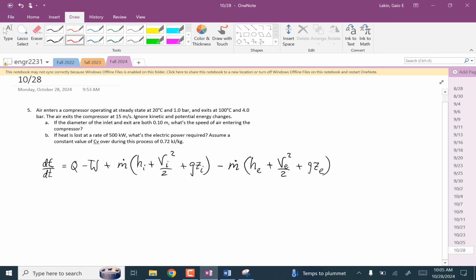And this Q, so if heat is lost, so heat is leaving the system, so this is going to be negative 500 times 10 to the third.